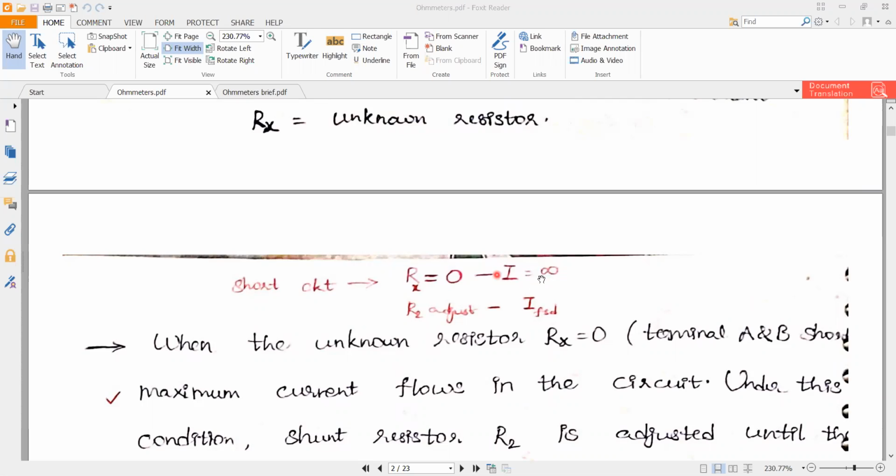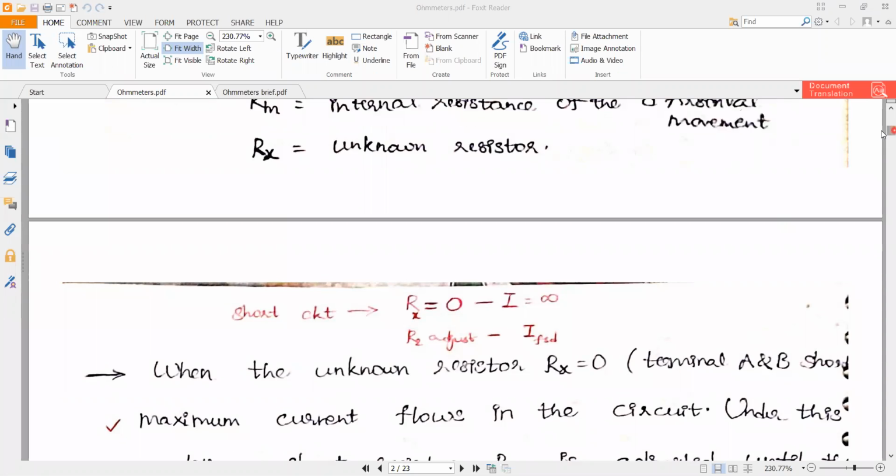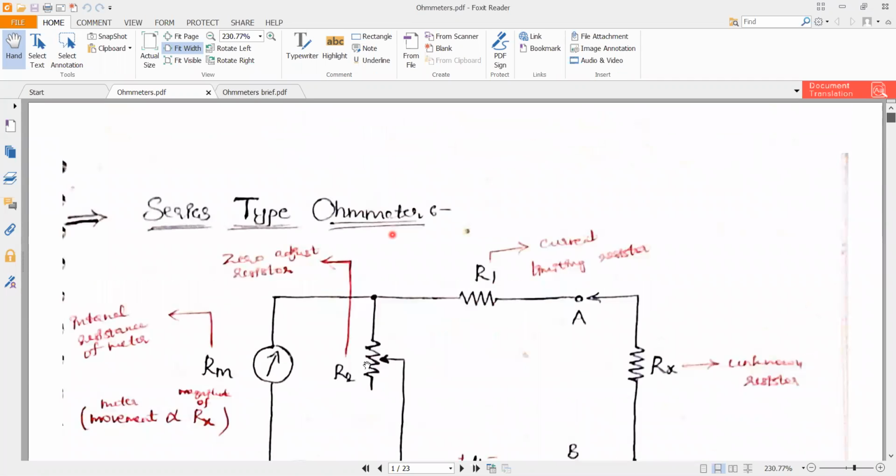Then R2 is adjusted in order to make the meter show full scale deflection.